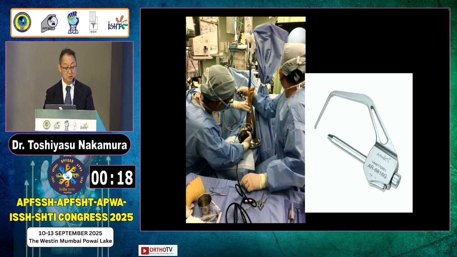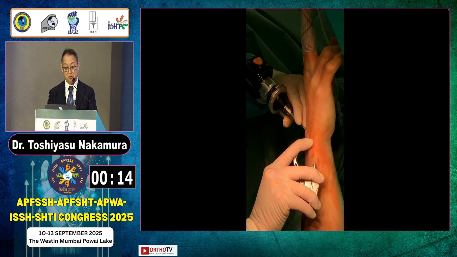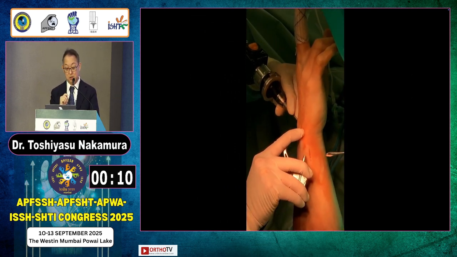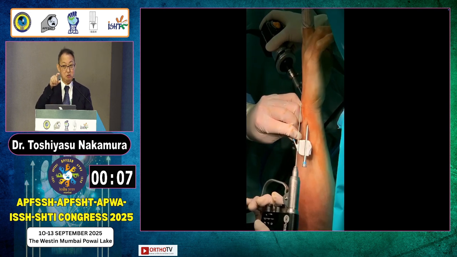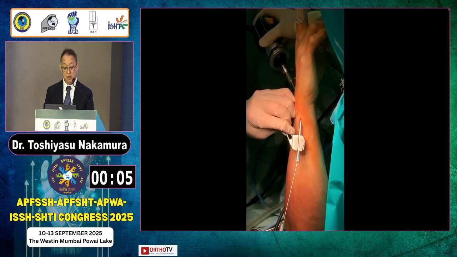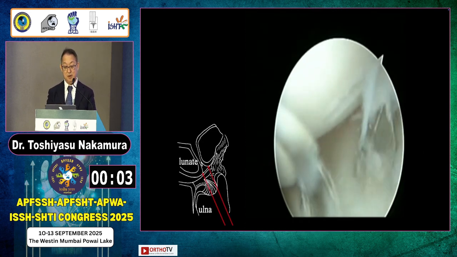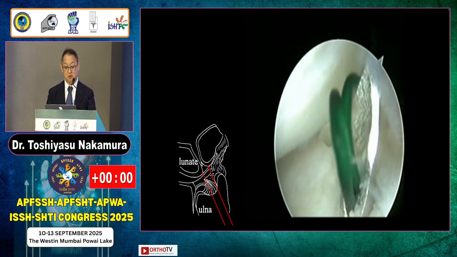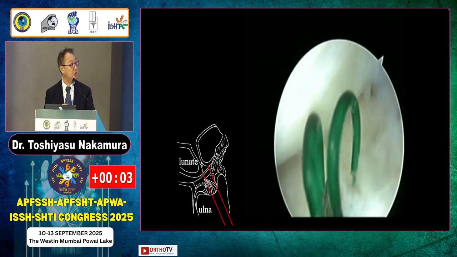The other way, for the transverse repair, I normally use a drill guide in this position. The drill guide goes into the 6R portal to check the position of the apex of the triangular fibrocartilage. Then I make a drill hole from the ulnar cortex inside the DRUJ, inside the radiocarpal joint.